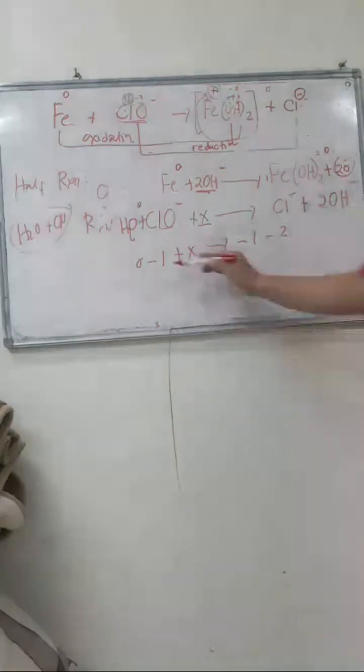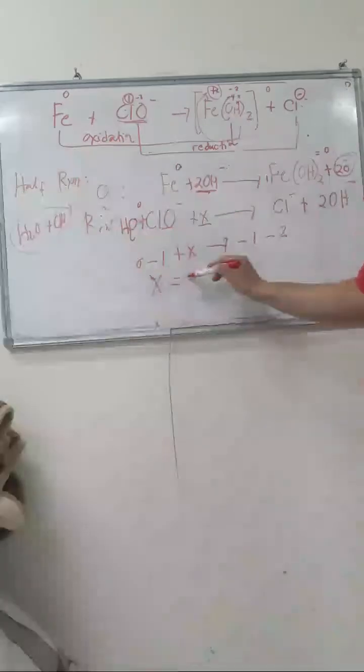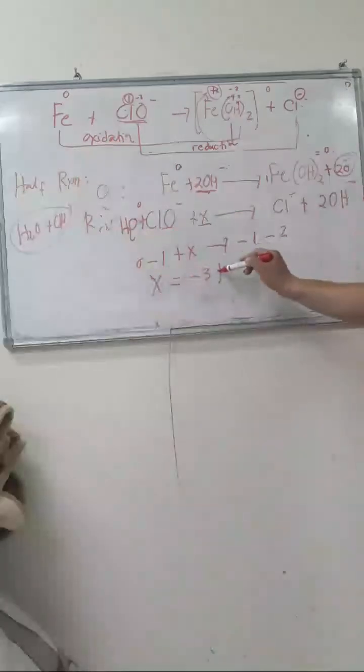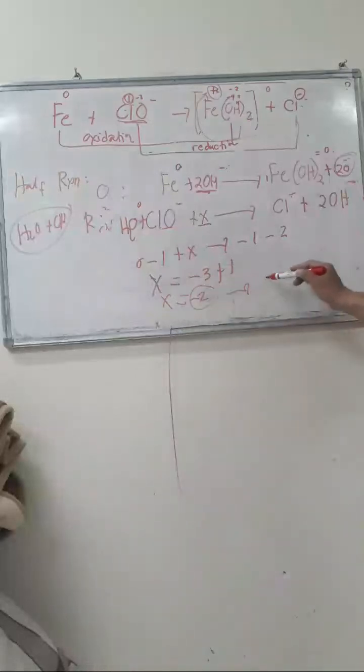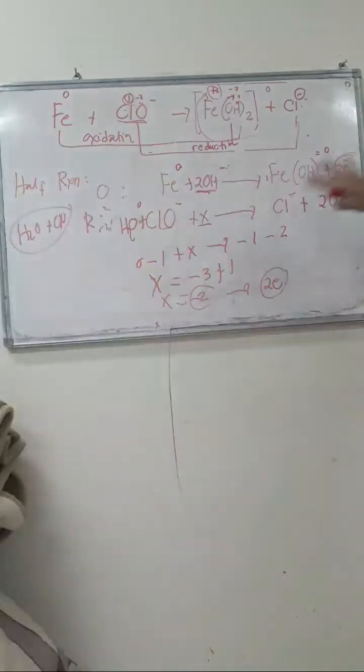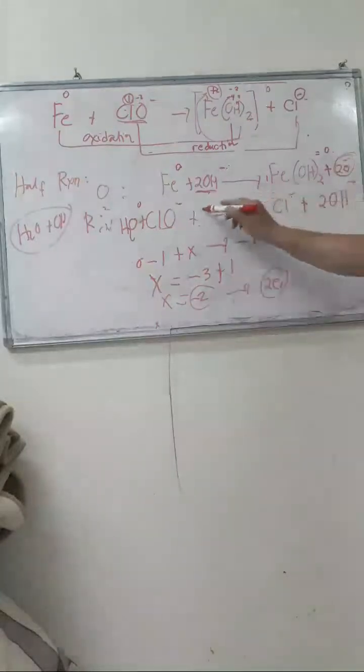Now, negative X equals negative 3 plus 1. X is equal to negative 2. So this is 2 electrons. Change the X to 2 electrons.